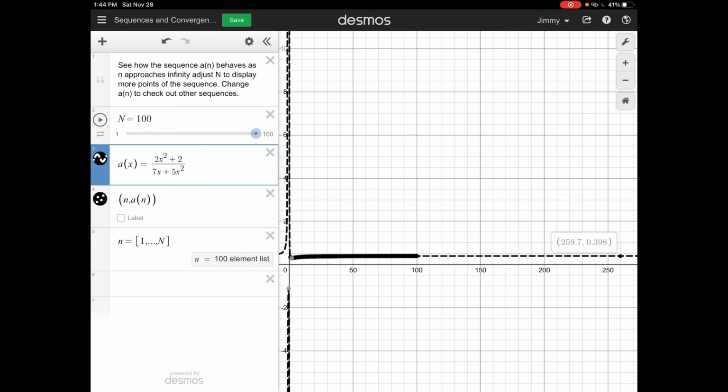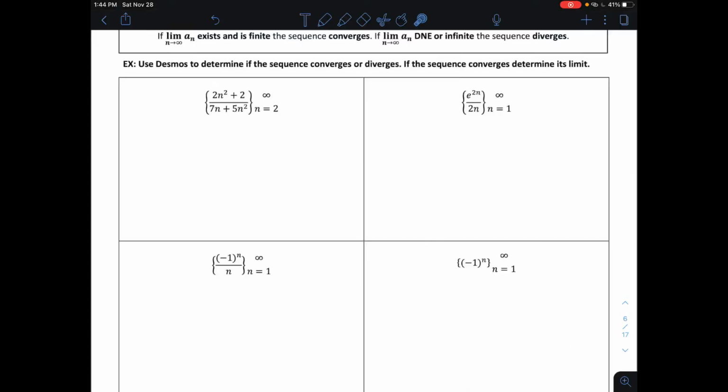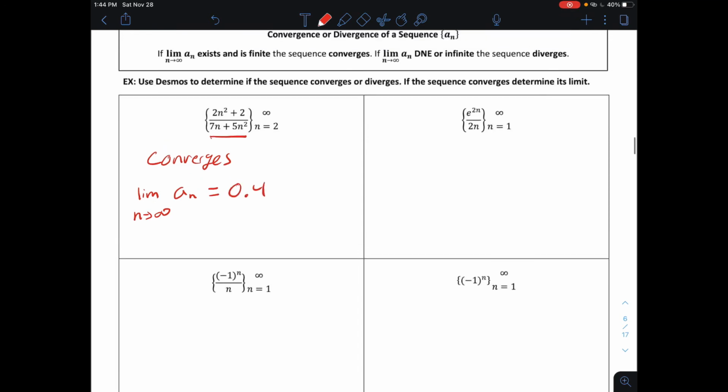And I'd say we're getting closer and closer to an output value of 0.4. And so we're going to say here that this sequence converges. And the reason why it converges was because the limit as n approaches infinity of our explicit formula, a of n, was approaching a value of 0.4.